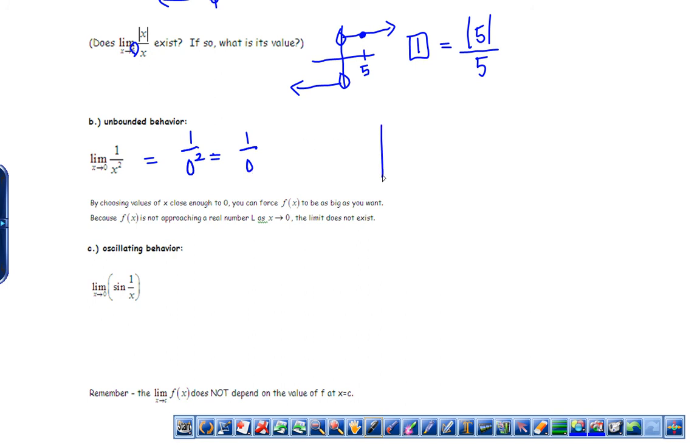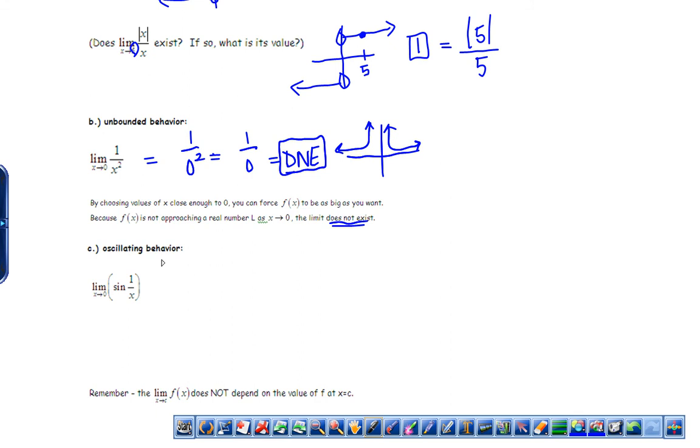So that means if you looked at your picture, 1 over x squared is this picture right here. You could look at the graph. This was one of your parent functions that we looked at before. By choosing values of x close to 0, you can force your function to be as big as you want. Because your function is not approaching a real number L as x approaches 0, the limit does not exist.